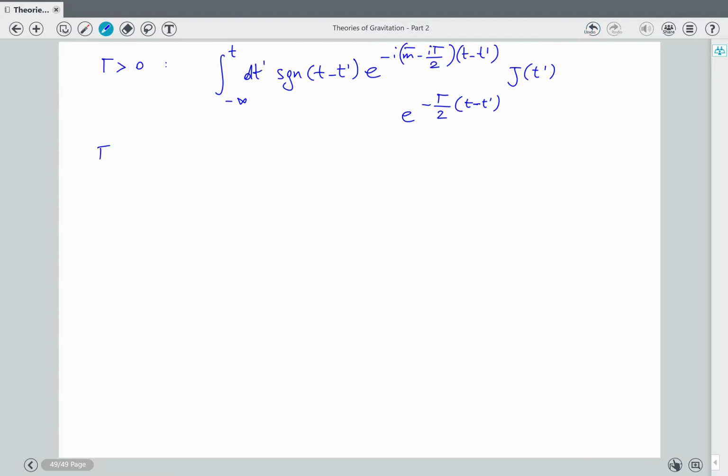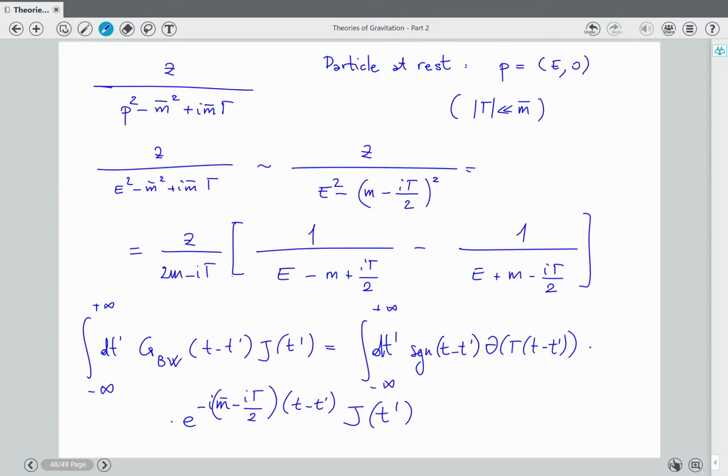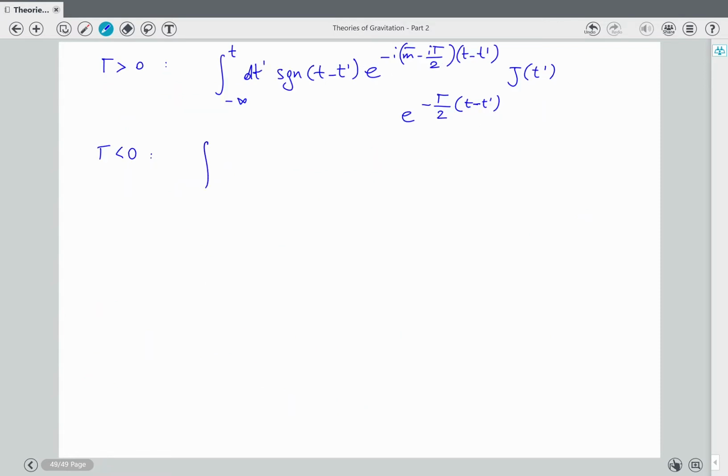But when gamma is negative, the opposite happens, and this is theta of (t prime minus t). So t prime has to be larger than t, and this cuts the integral from t to plus infinity. The sign there was positive, so we could take that out.